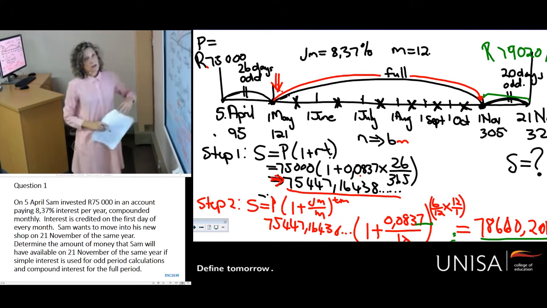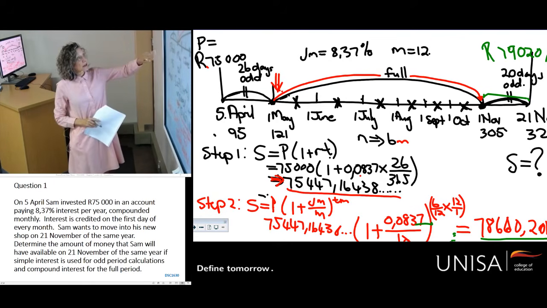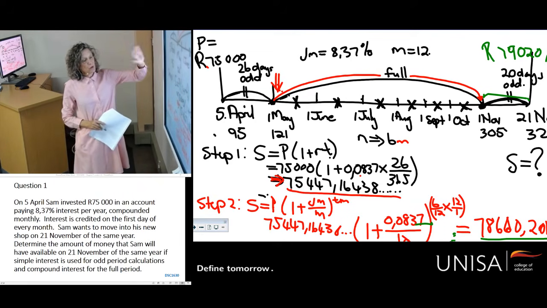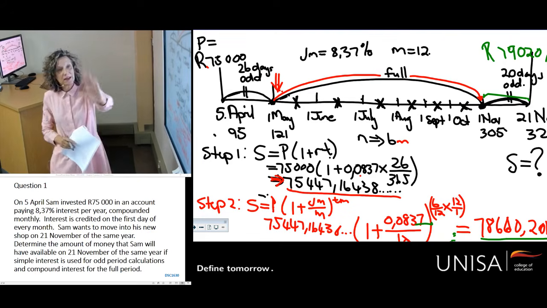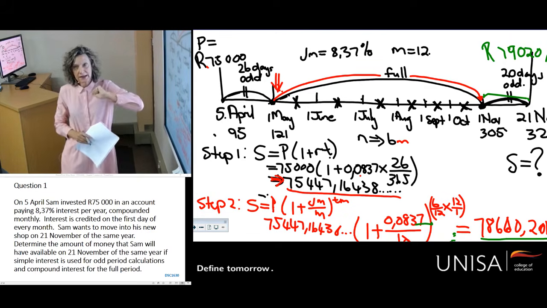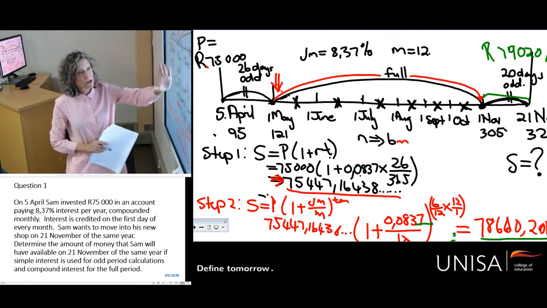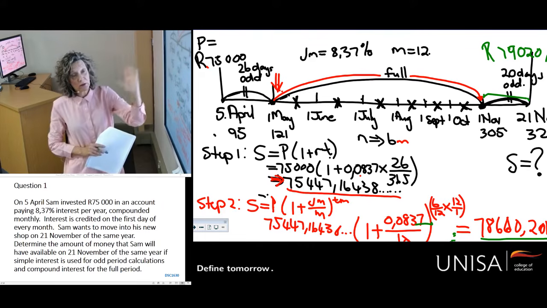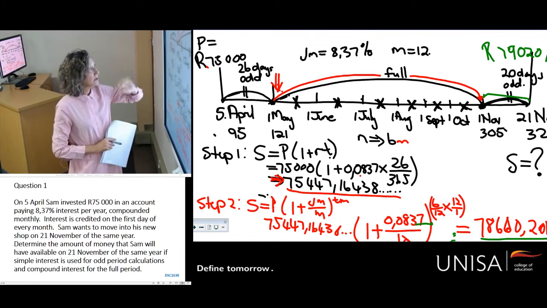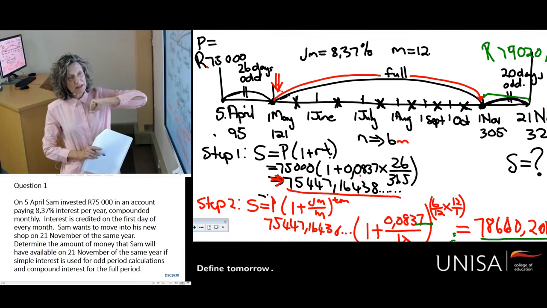Right. So, to recap, what do we do with odd periods? We try and get our begin and our end dates. Secondly, fill in your interest dates between the beginning and the end date. Right. Determine the odd periods.